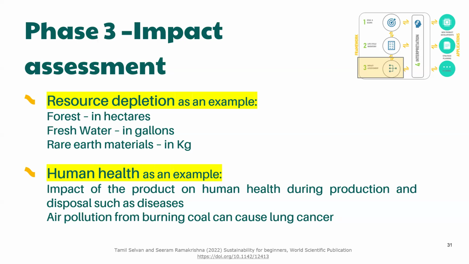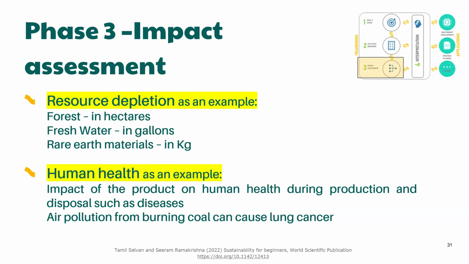So with this method, you can even quantify and calculate the health impact on your local community. So these are the two impact methods that you can use to quantify and evaluate various environmental impacts of your product.